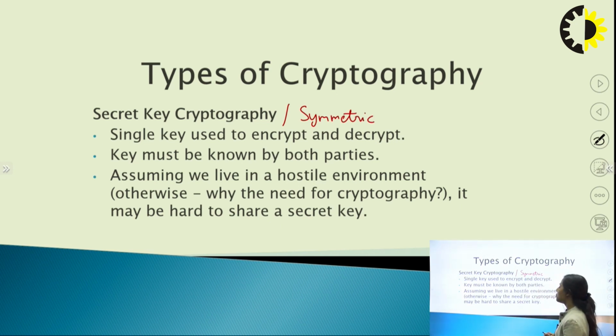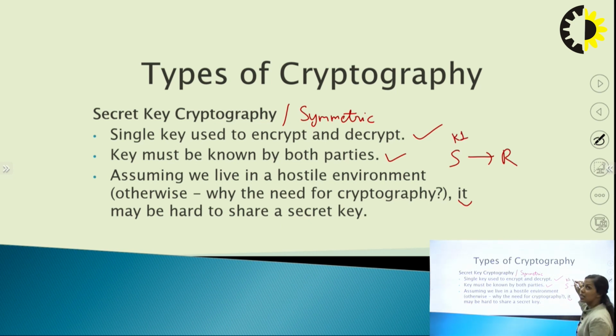In this we are using only a single key. Single key means we are using K1 for the encryption and the decryption. Only one key is used for both, and this key should be known to both parties, meaning the one who is sending the data and the one who is receiving it.